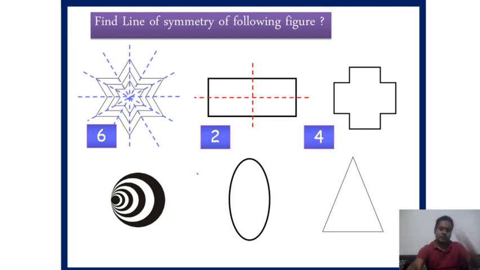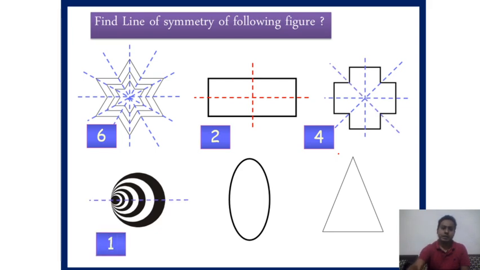This one has 4 lines of symmetry, but how can we find 4? This is 1, and both shapes are the same. This is another line of symmetry, and this is another, and this is another. So it has 4 lines of symmetry, and this one has 1 line of symmetry.